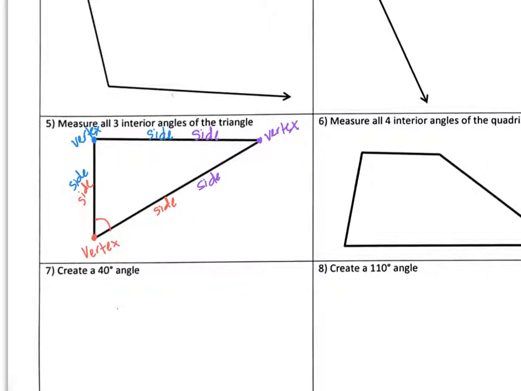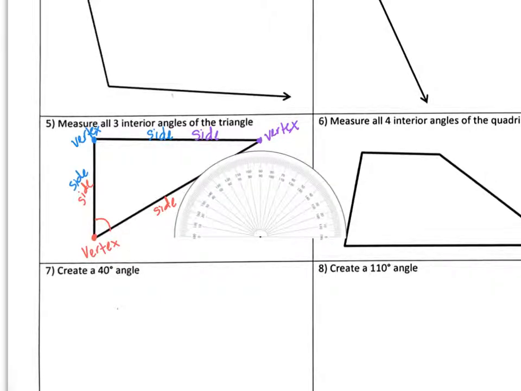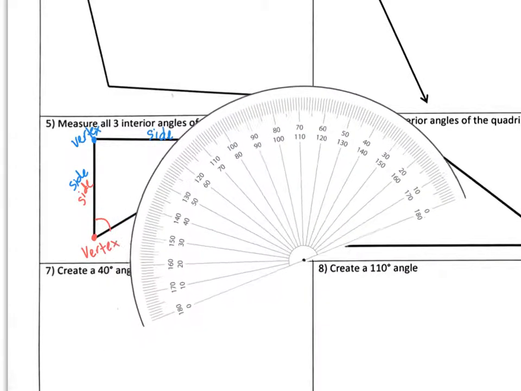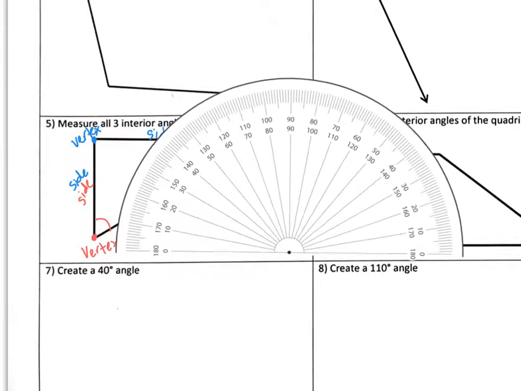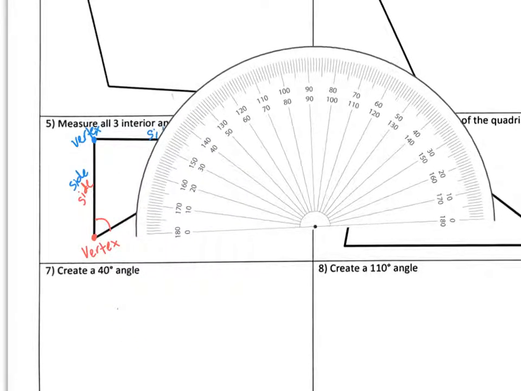And if we were to use a protractor, it kind of looks like this. Again, I'm not going to really do this for you right now, but the vertex would go where this dot is right here.